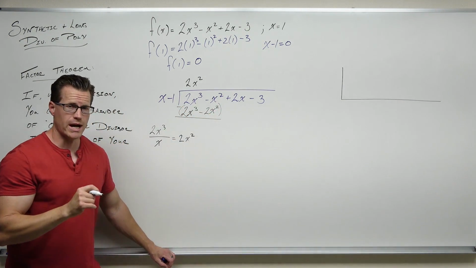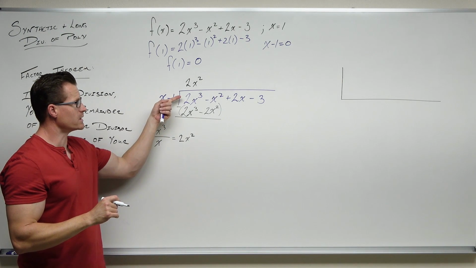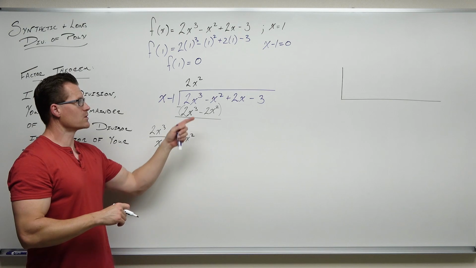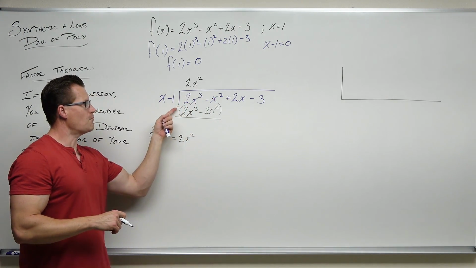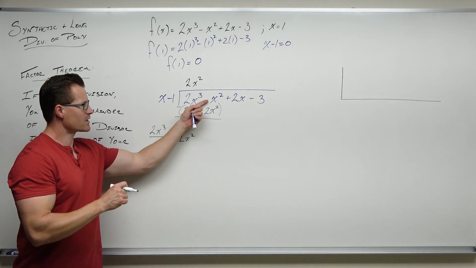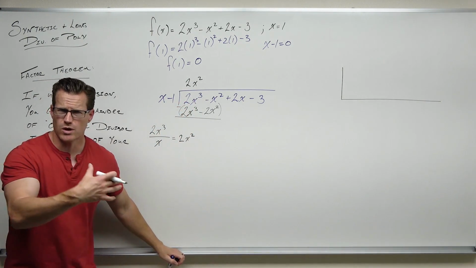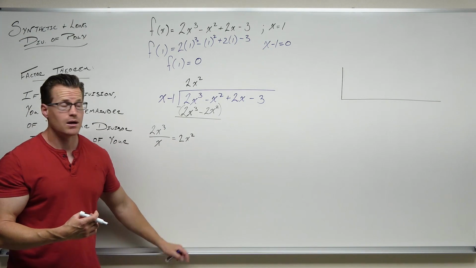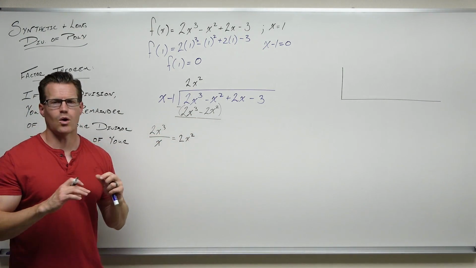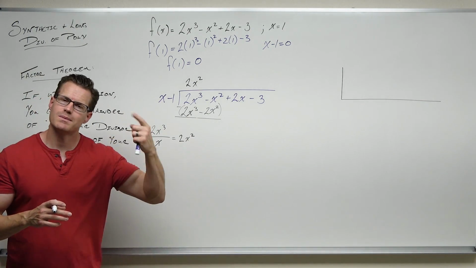And when you subtract, understand that what you're really doing is 2x cubed minus 2x cubed, great, that's 0. But you're doing negative x squared minus negative 2x squared. Wait a minute. Negative x squared minus a negative. Subtracting a negative is adding. This sign, the second sign inside your parentheses, will always change. Always. So keep that in the back of your head.